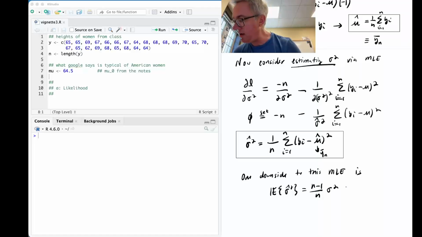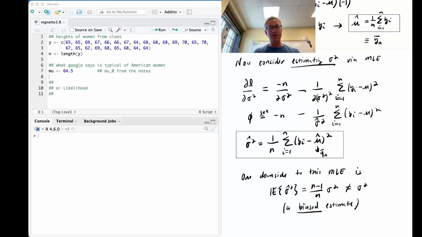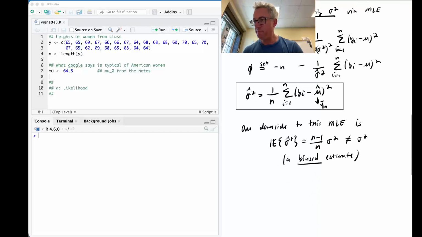So it's not equal to sigma squared. So it's said to be a biased estimate because its expectation is not equal to the parameter of interest. There's a little bit more on this in the book, I'm kind of glossing over it here.